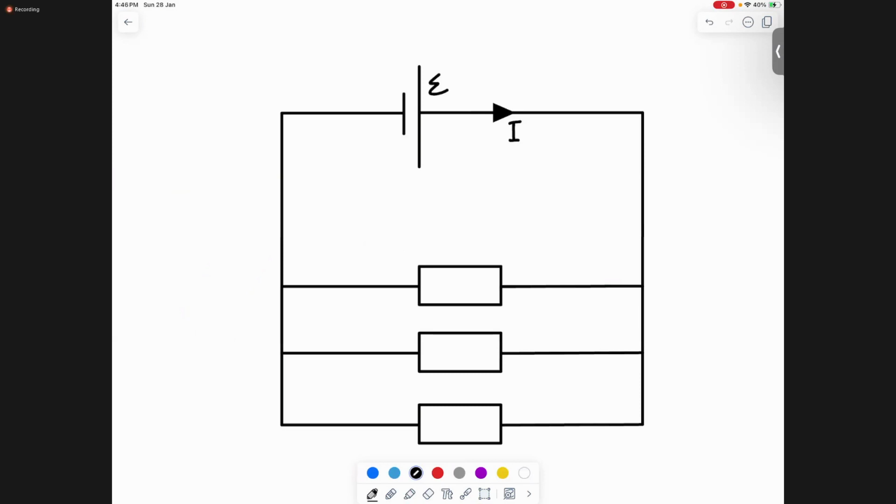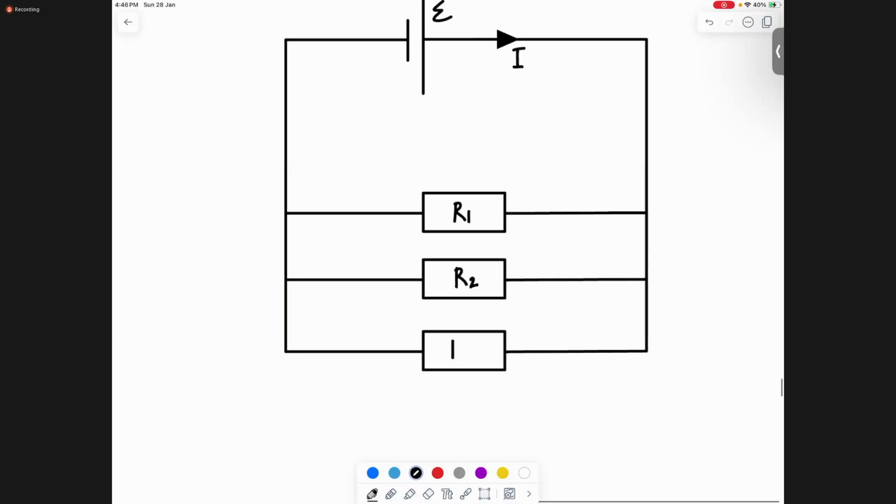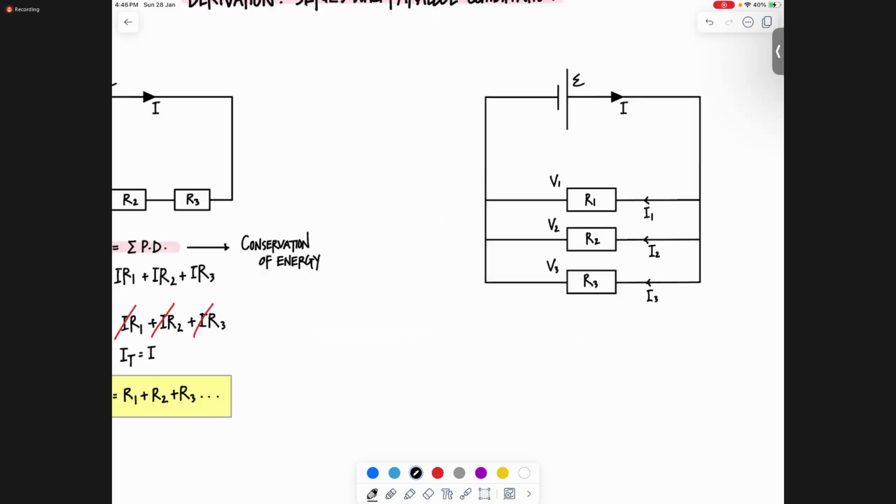So this is R1, R2, R3. These currents can't be I, so they're I1, I2, and I3. And the voltages here would be V1, V2, and V3.